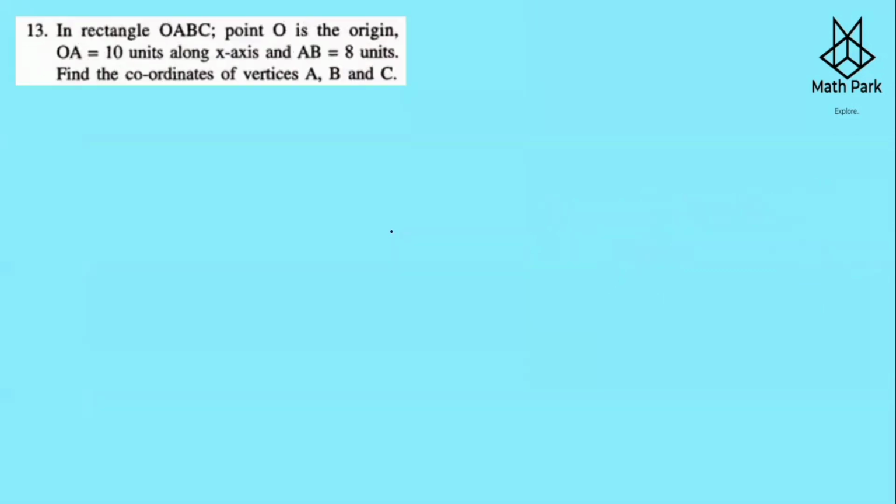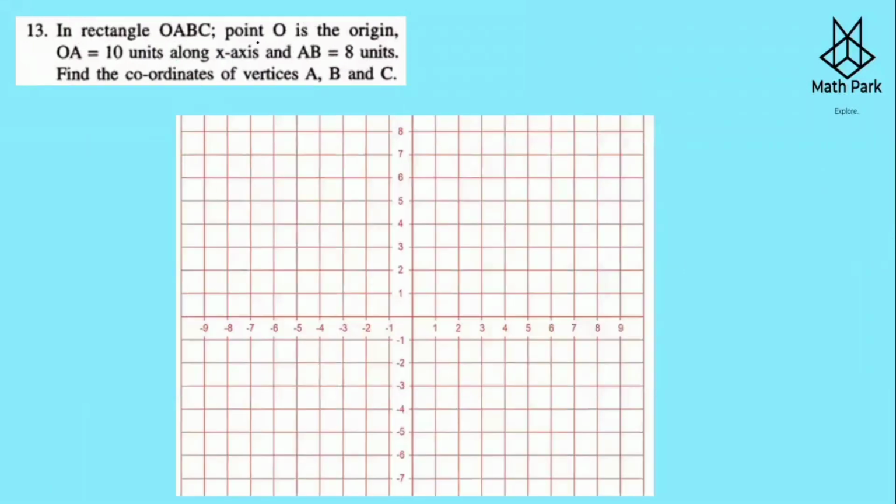The last question of this exercise: in rectangle OABC, point O is the origin. OA is equal to 10 units. So let us draw the graph again here. O is the origin, with coordinates (0, 0).